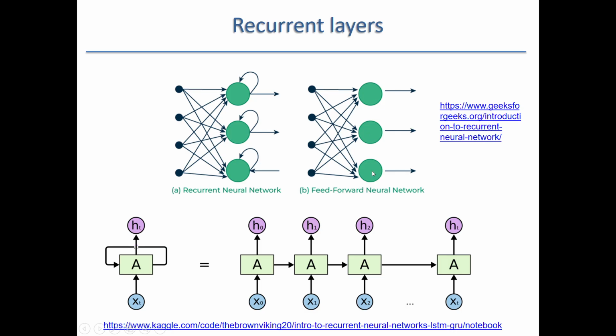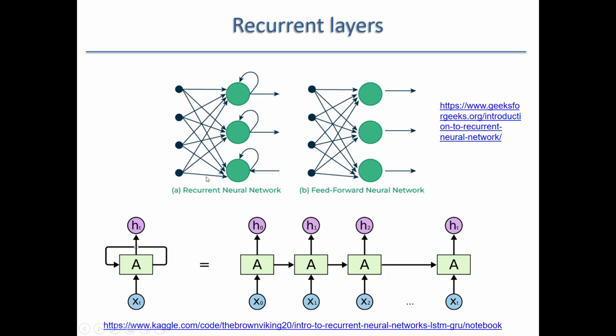But these networks cannot reuse the information from the previous state. They don't have the concept of a state or the previous prediction. Given an input, they produce an output. They are called feed-forward neural networks.